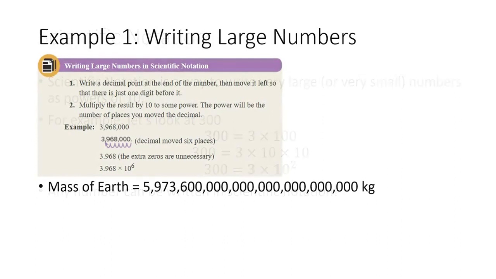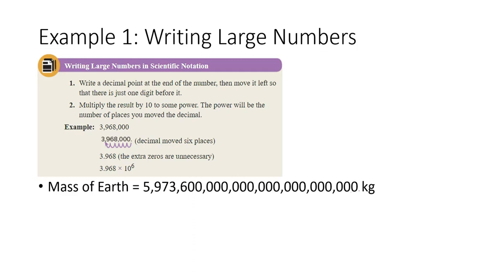To write really large numbers in scientific notation, we take the decimal point, generally at the end of the number, and we move it left until it's behind the first digit. And then we count. However many decimal places we move, that's going to be our exponent, times 10 to some power. So for example, if we want to write the mass of the Earth, our decimal point is here, at the end.